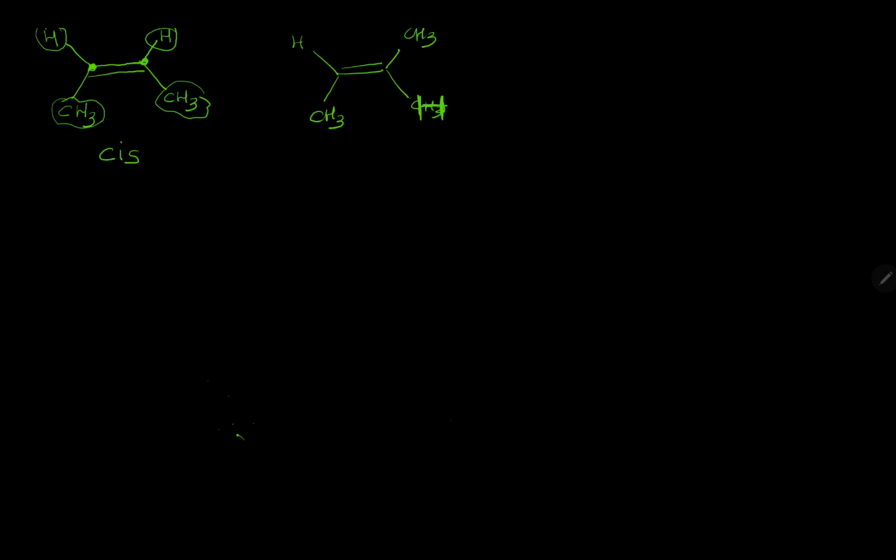Now when I try to compare the similar groups, we have hydrogen on this side, hydrogen on this side. So see, one of them is above the double bond, the second one is below the double bond. In this case, this is called trans. Again, if you try to compare CH3 and CH3, those again will be on the opposite side.